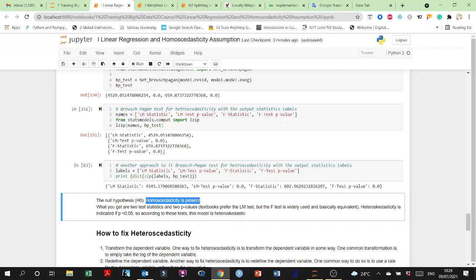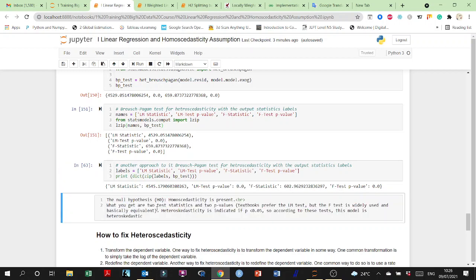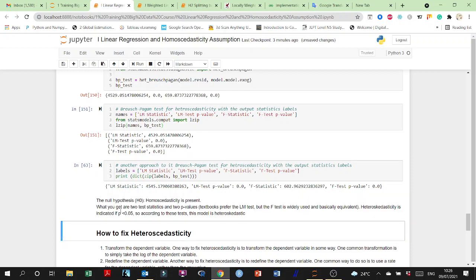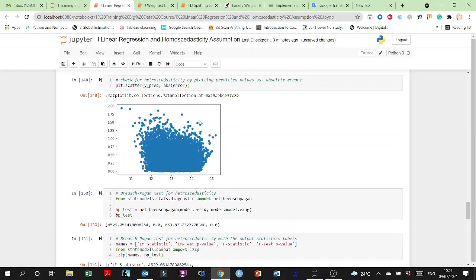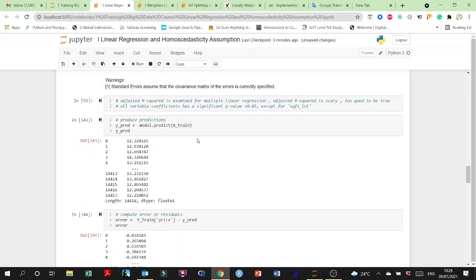And if the values of the statistics here are significant, this indicates that we're rejecting the fact that homoskedasticity is present, and we're accepting the fact that there is heteroskedasticity, so there is a problem. So in this case, as you can see here, guys, we had to reject the null hypothesis that homoskedasticity is present, and actually had to embrace the fact that this model is heteroskedastic. As you can see, it is too good to be true.